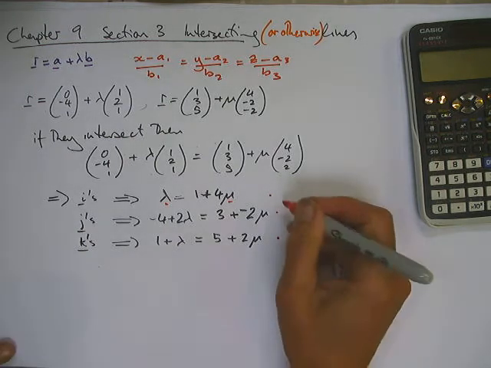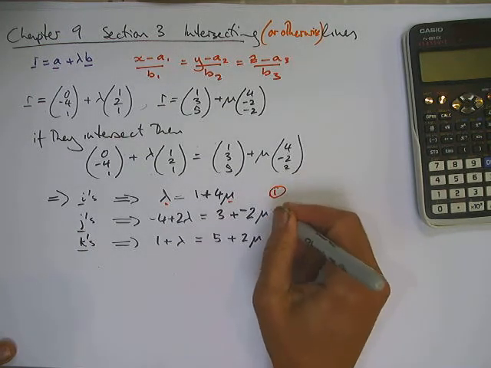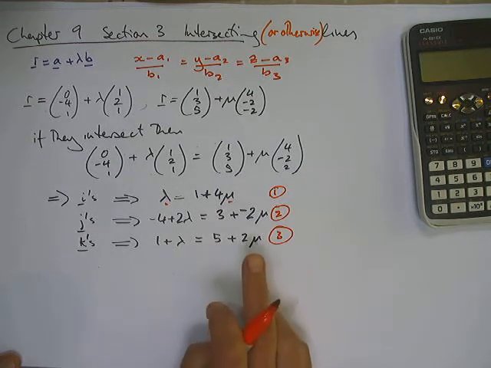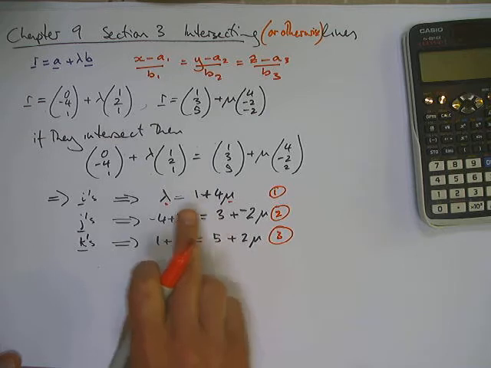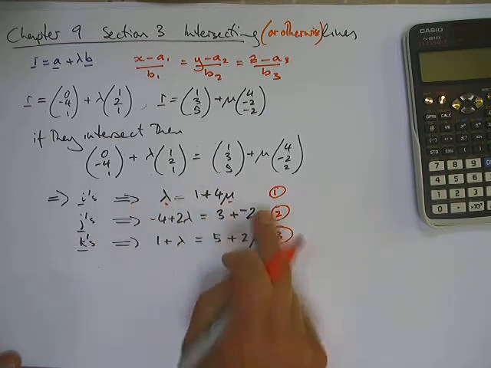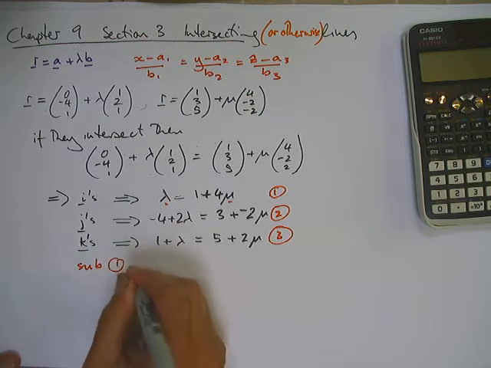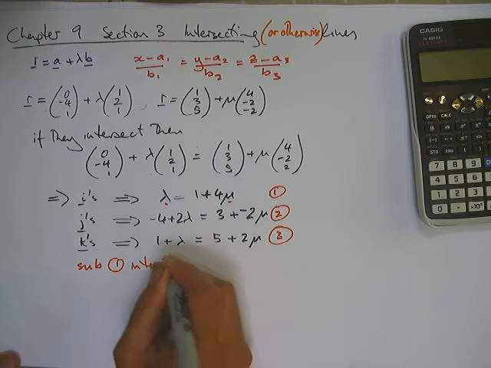What do I mean by that? Let's call them 1, 2, and 3. The easiest way to solve for lambda and mu might be with lambda as the subject. I'm going to substitute equation 1 into equation 2.